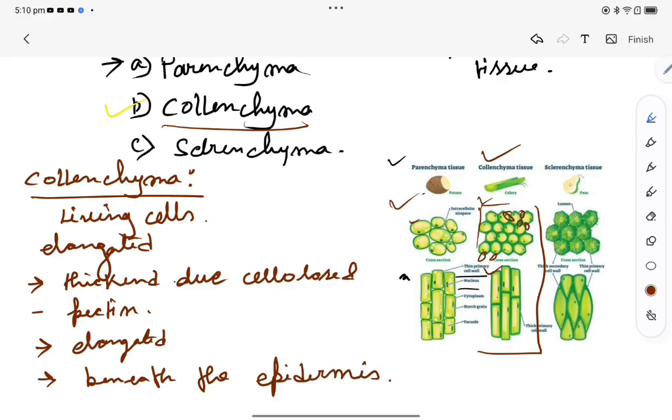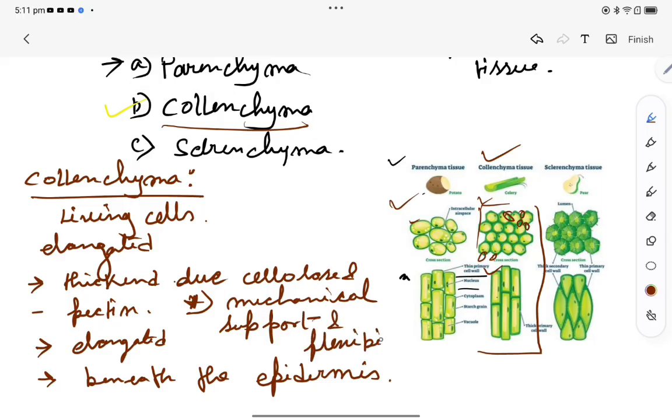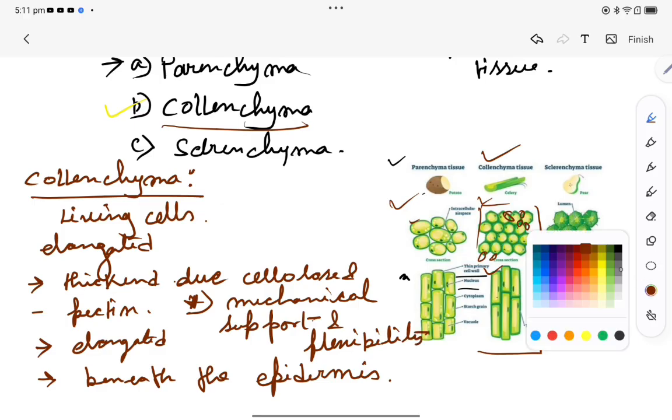And what is their function? They provide mechanical support and flexibility. That is their main function.